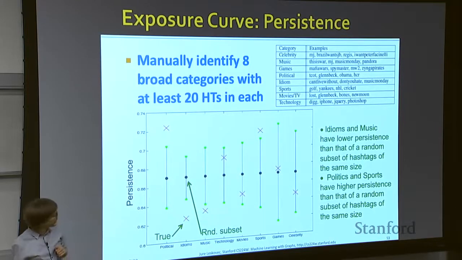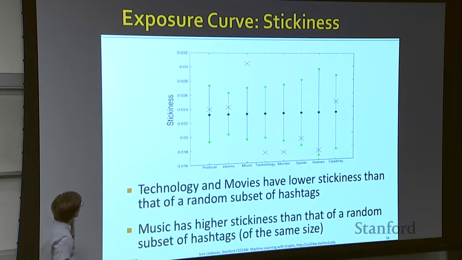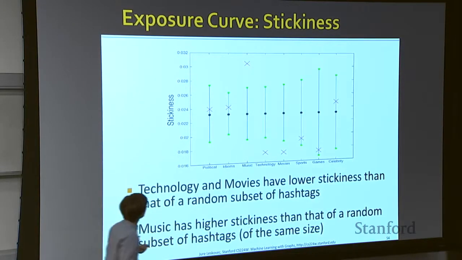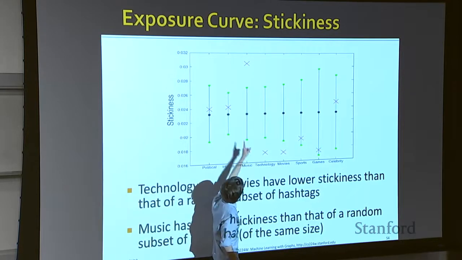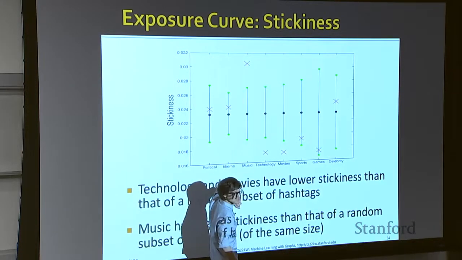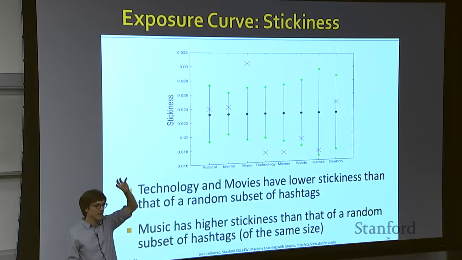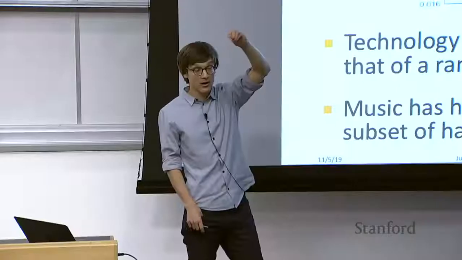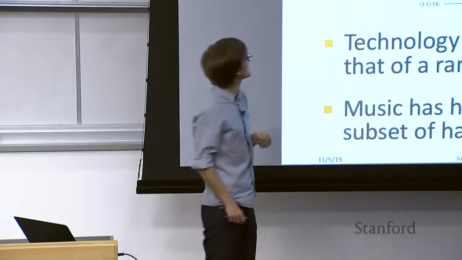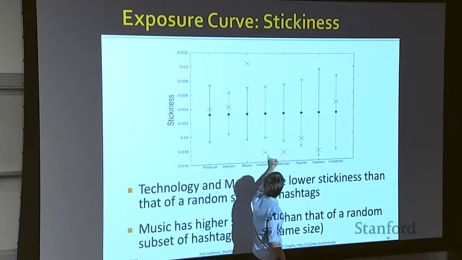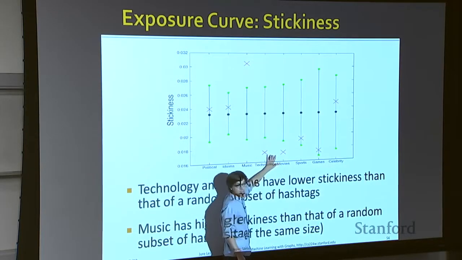So that's one observation. Another observation is in terms of stickiness, which is the maximum infection probability. Here, for example, you notice that music is very infectious. So basically it's very event driven, right? It gets very quickly to a high level of p and then decays quickly. You notice that technology and movies have low infectiousness, right?